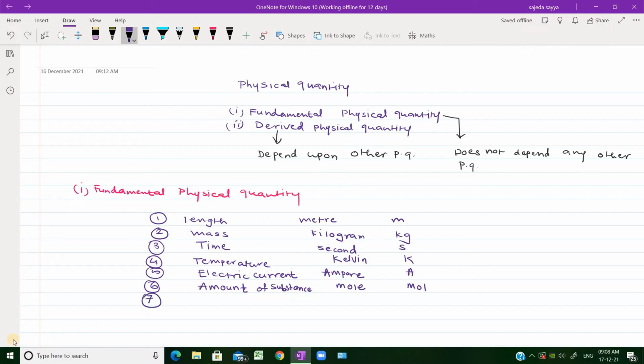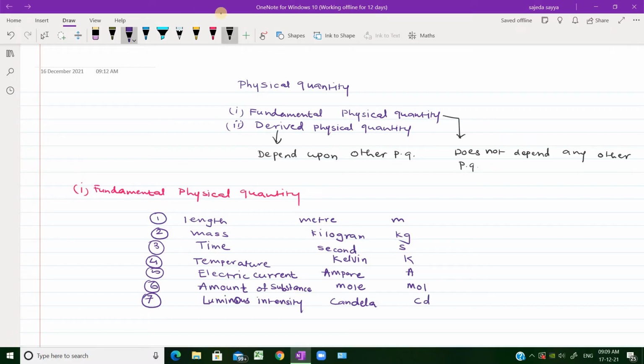And the last one, that is luminous intensity. It is measured in candela, and the symbol is cd.